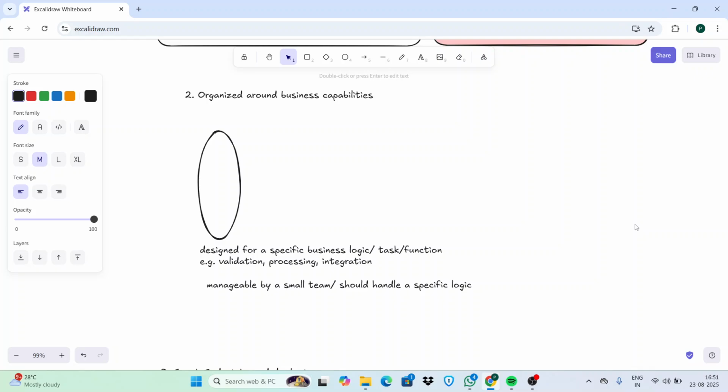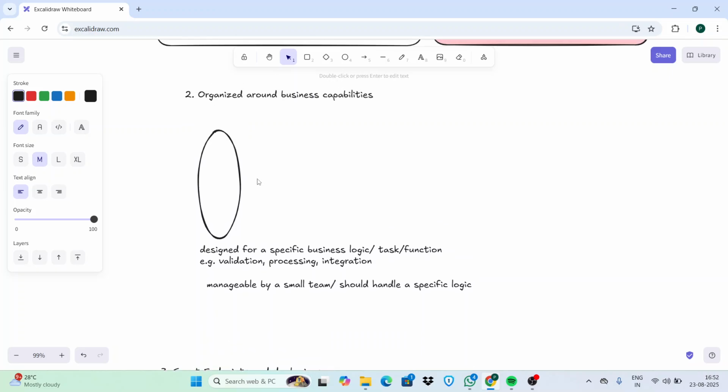Each service should be designed to handle a specific business function, and it is manageable by a small team. Instead of splitting the system based on technology, it should be split by business capabilities.